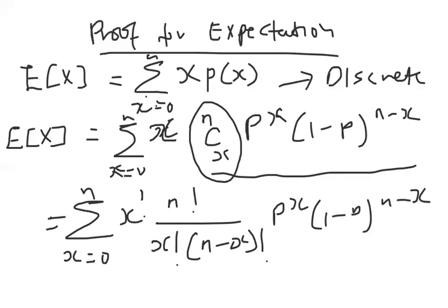So we can just expand to take out this x. So when I do my expansion, I'm going to have the summation of x equals 0 up to n. This x already is there.